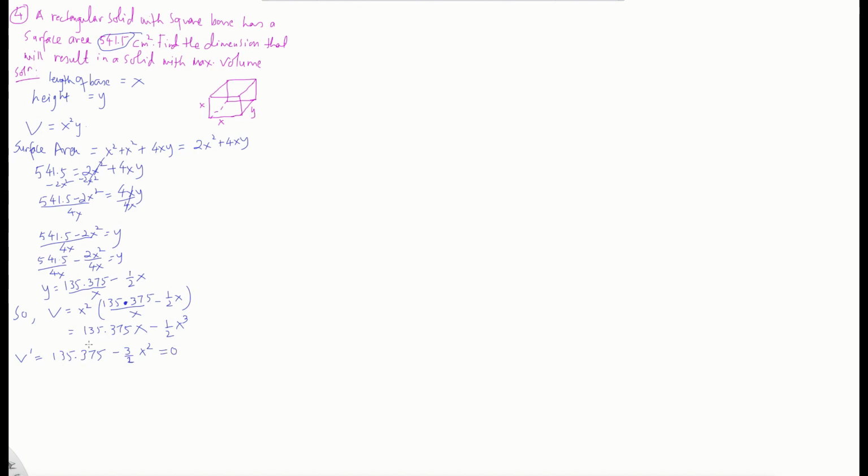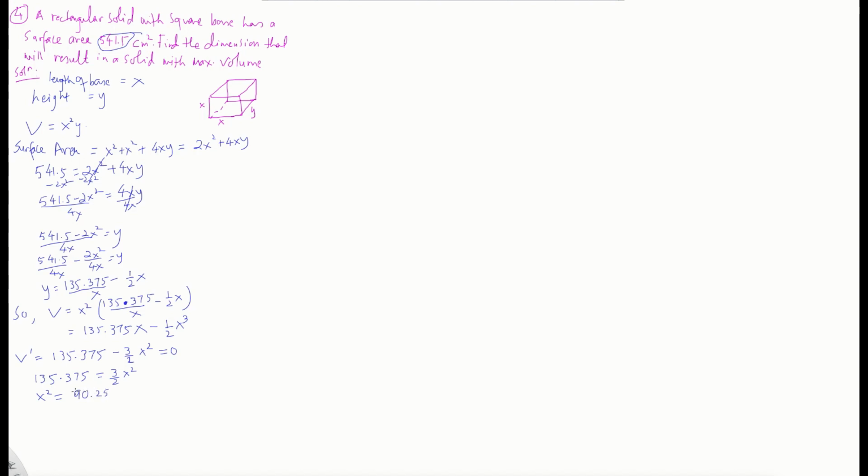So you get 135.375 equals 3/2 x squared. Multiply both sides by 2 and divide by 3, and you get x squared equals 90.25.